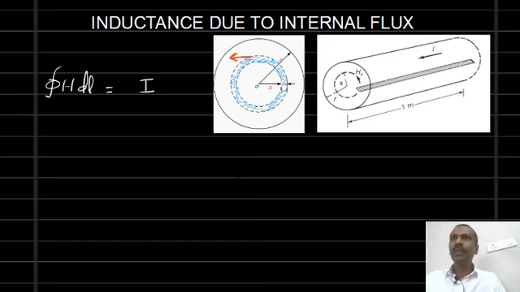Now we consider this bluish path which has a thickness dx at a distance of x meter from the origin. So you can represent this magnetic field intensity as Hx and the current enclosed by the path as Ix.